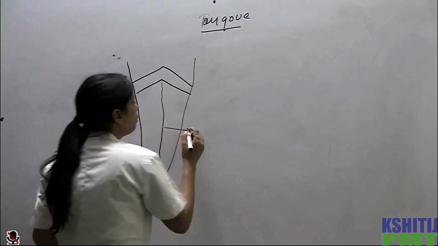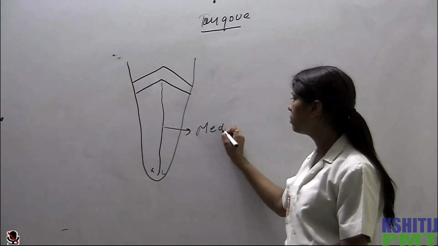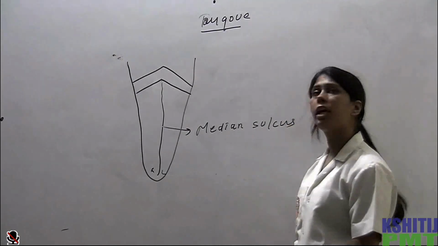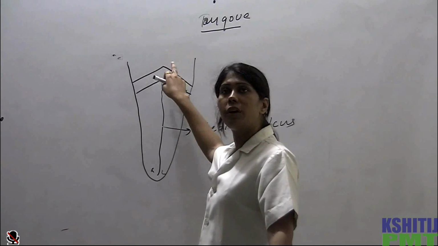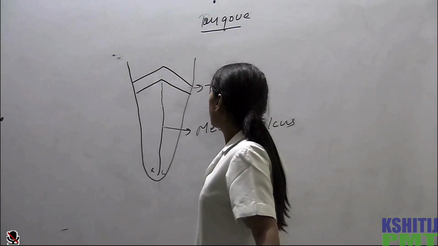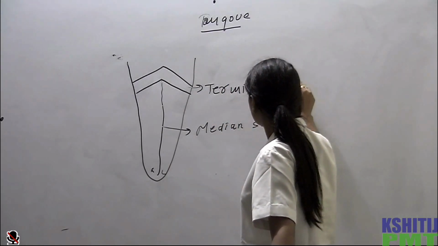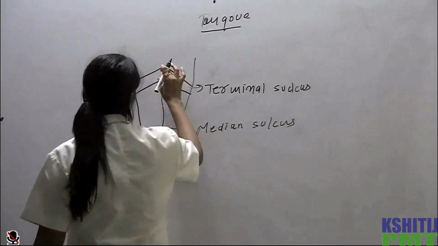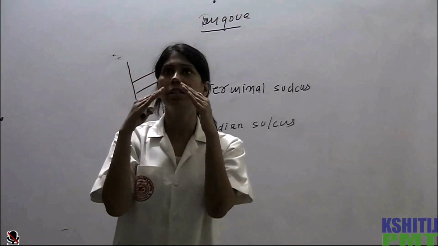It is divided into right and left by the median sulcus. Then it is divided into anterior tongue and posterior tongue by the terminal sulcus. Here you can appreciate the tip of this terminal sulcus. The terminal sulcus is V shaped.